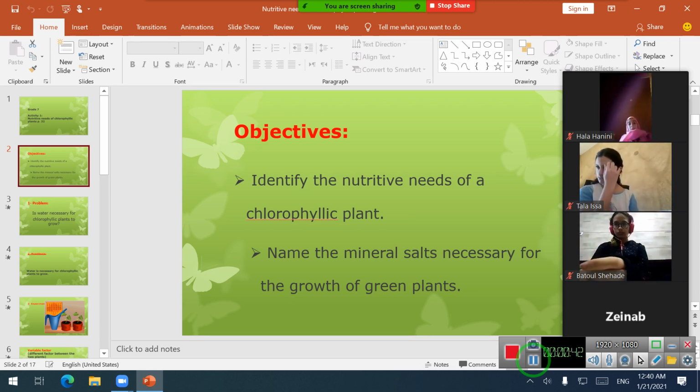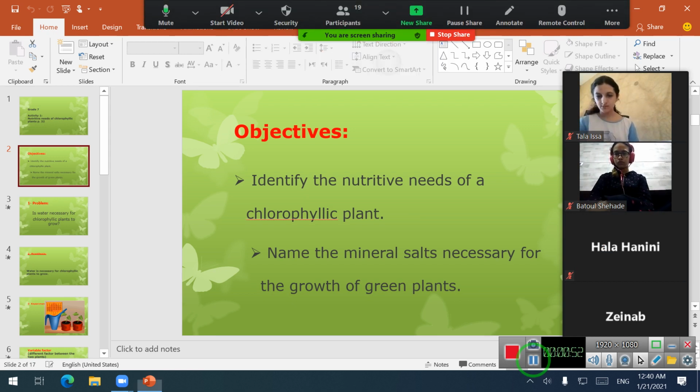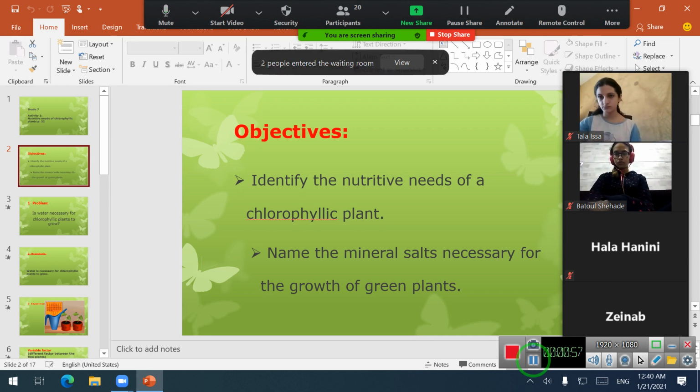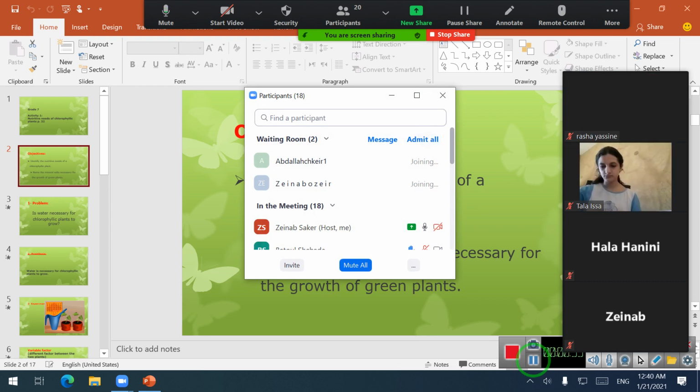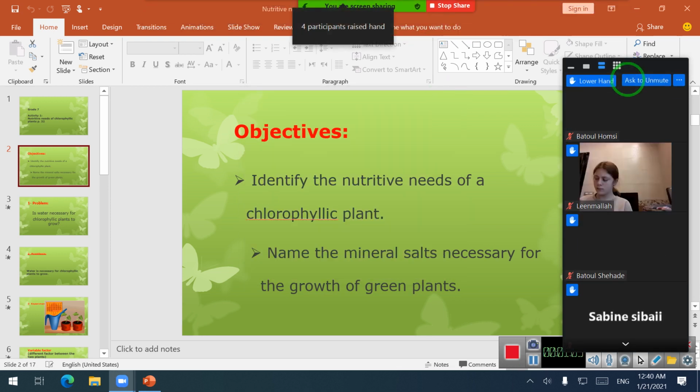Before we continue, please, who can tell me by raising your hands what are the nutritive needs or important needs necessary for the growth of green plants? What do plants need in order to grow or develop? Let's see who is raising their hand.